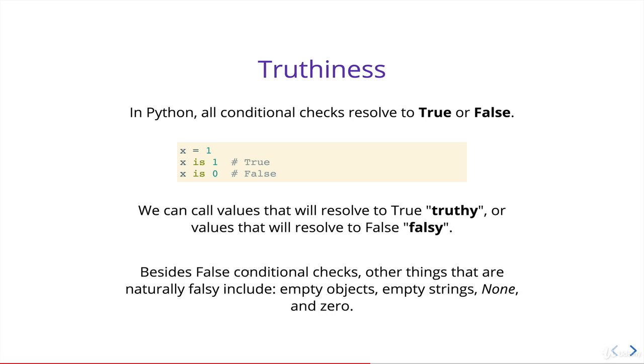Things that are naturally false on their own include empty strings, the value None, which we briefly touched on, and the number 0. Those all on their own are false. When I say that, it doesn't mean that just by referencing 0, the entire thing is going to be false.